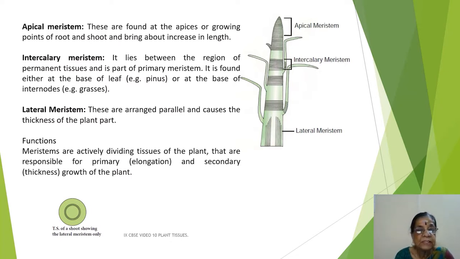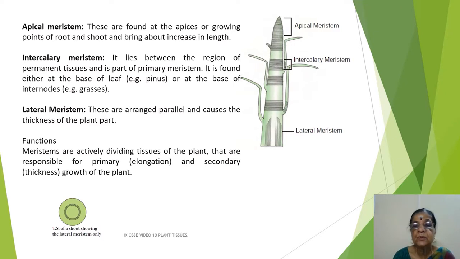Now what you are seeing here is a TS of shoot showing lateral meristem only. We call this portion lateral meristem. Say, for example, I am holding this root. When I cut like this, we get a round surface, that is the TS of shoot.